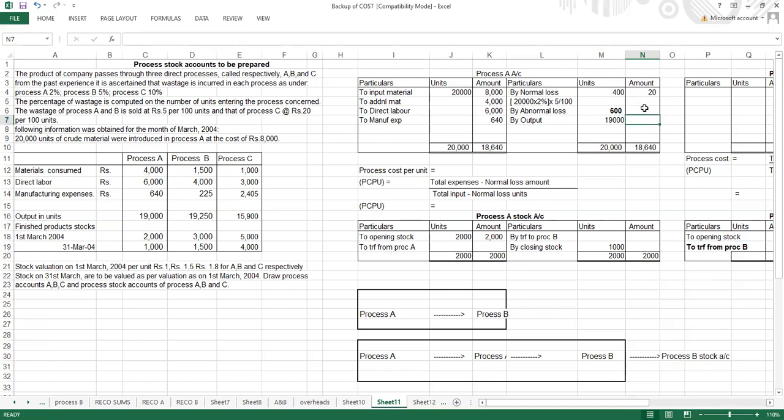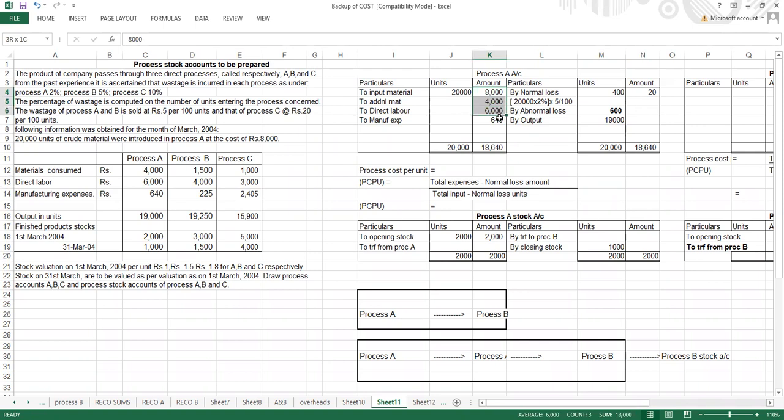Okay, so what we will do, we will calculate process cost per unit. And I already gave you the formula: total expenses minus normal loss amount upon total input minus normal loss units. Okay, so let us record that.